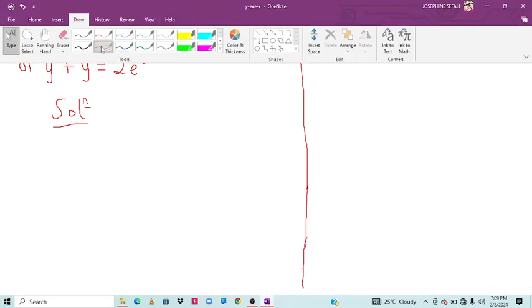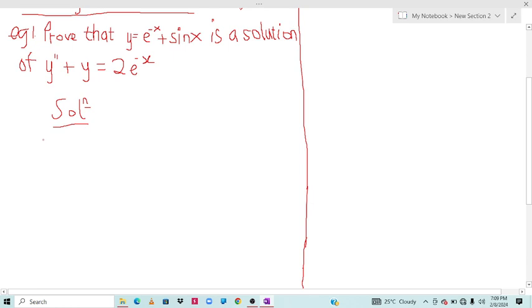Now let's find the first differential of the equation. Now our y prime is going to be, if we differentiate e exponent negative x, I hope you remember from calculus that we are just going to differentiate the exponent, which is negative x, to get negative 1, then multiply it by the actual function itself, which is e exponent negative x, getting negative e exponent negative x.